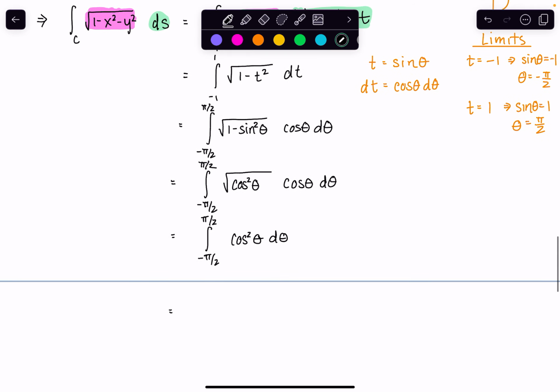Maybe you remember how to evaluate this. You have to use an identity. I'll put that off to the side if you need, but cosine squared of theta is 1/2 times 1 plus cosine of 2 theta. So we can bring that 1/2 to the outside. This is negative pi over 2 to pi over 2, and then we're integrating 1 plus cosine of 2 theta.